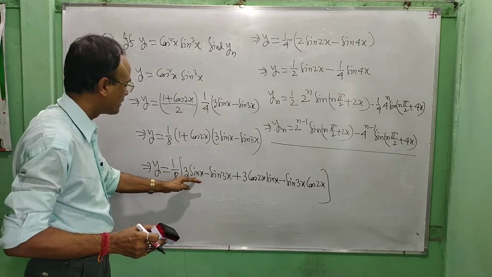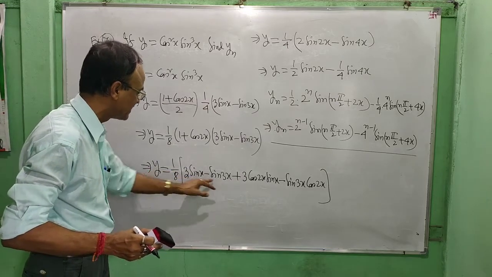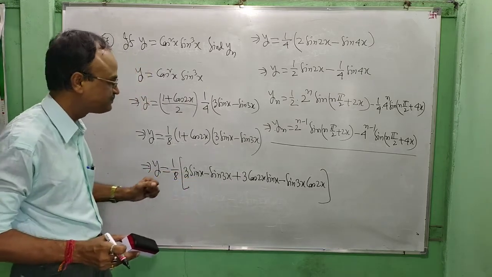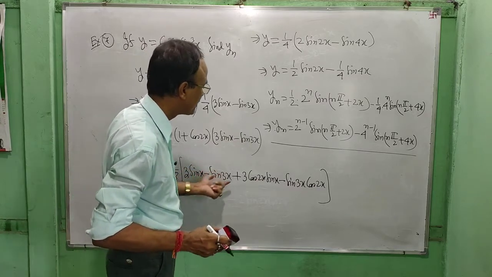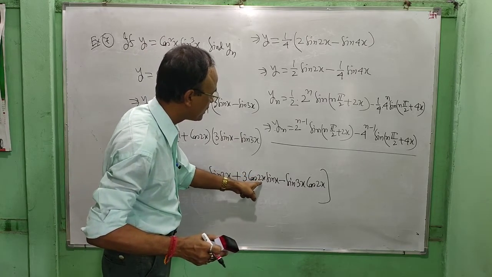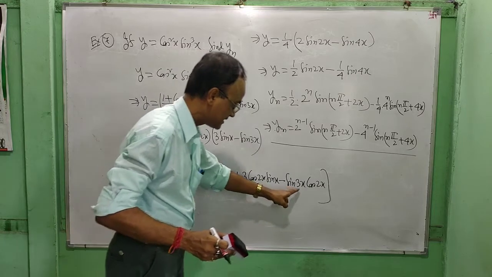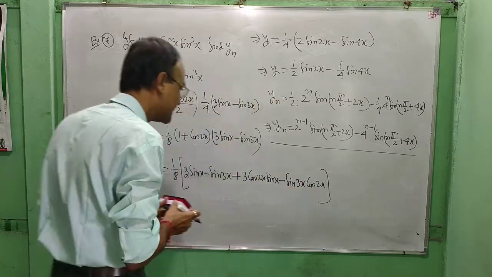For these two terms, the nth differentiation can be easily calculated. Now 3 cos 2x sin x and sin 3x cos 2x.